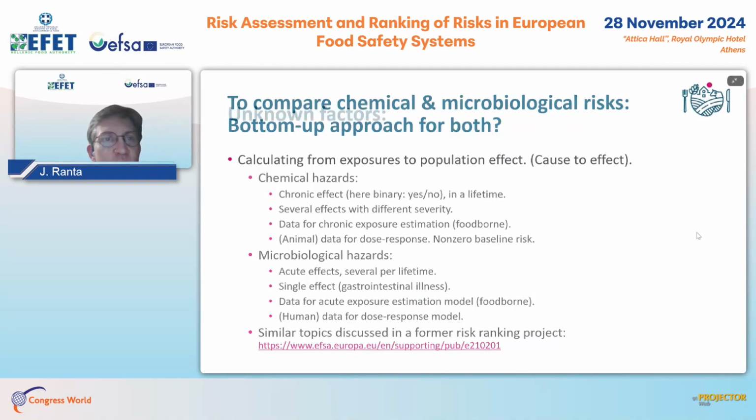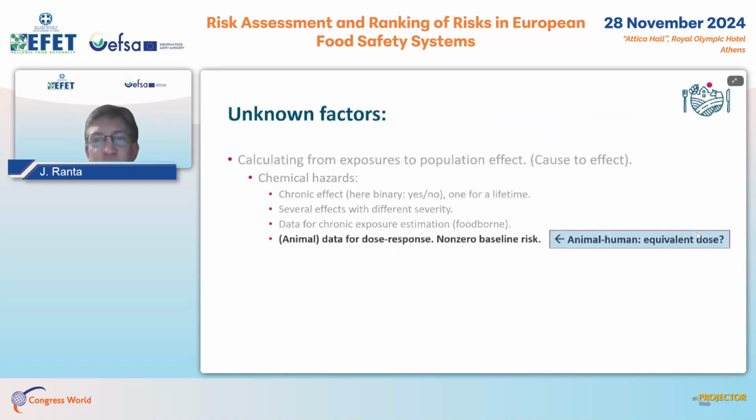Apart from those things that we can actually estimate, there are always some unknown things that are difficult to quantify. Maybe one difficulty for the chemical hazards is to have the animal dose response, and then what is the human equivalent dose? How do we get the human dose response from animal dose response data?